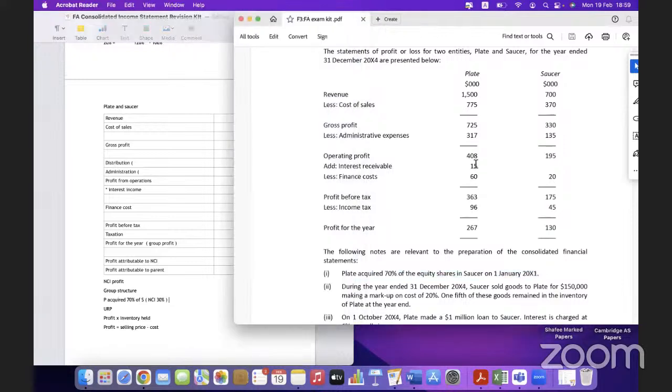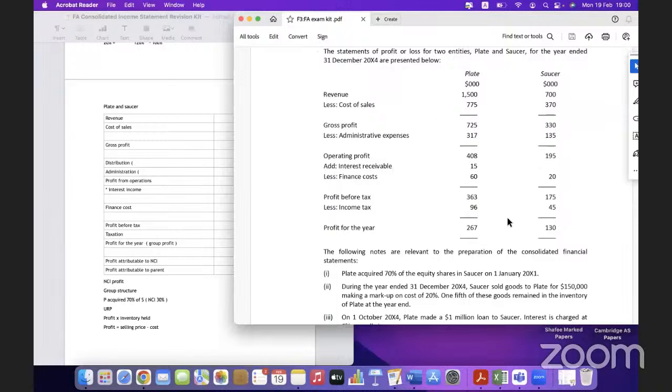Okay, now, guys, look at the date carefully. 1st of January 20X1. So assume it as 2021. This is in 20X4, that means 2024. That means the subsidiary has been purchased, guys, several years ago. Now, in the earlier question, it was not like that. December 20X1 was the year end, and the company was bought in May 20X1, within the year.